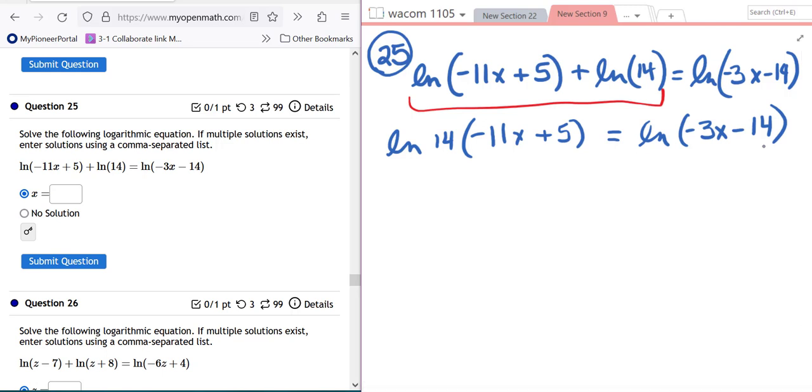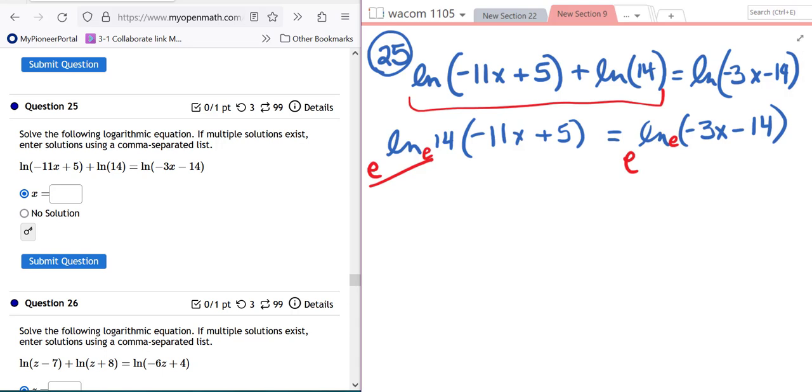I was taught raise both sides to the power of the base. Your base is e. If you raise both sides, don't write this down, if you raise both sides from the e, once these are the same, the answer is just this part here that you were taking the log of.